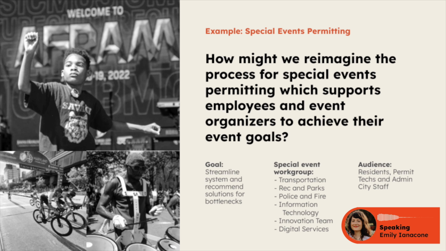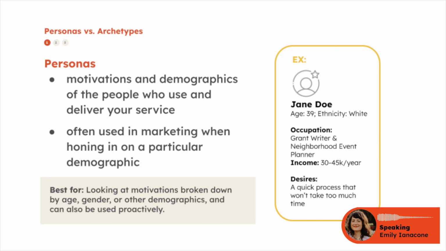Talking about one of the tools, personas and archetypes, we wanted to explain that and then show an example from special event permitting. Personas are the motivations and demographics of people who use and deliver your service. It's really more focused on some of these commonalities, like you're putting a face to it, giving them a name. It's much more personalized than an archetype would be.